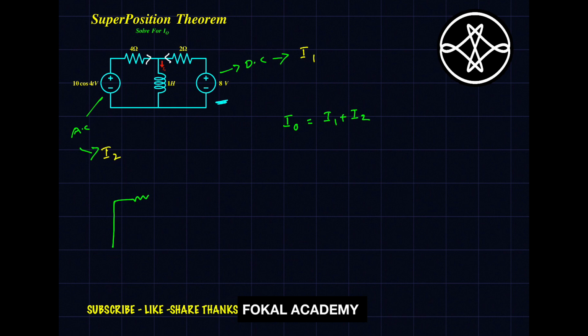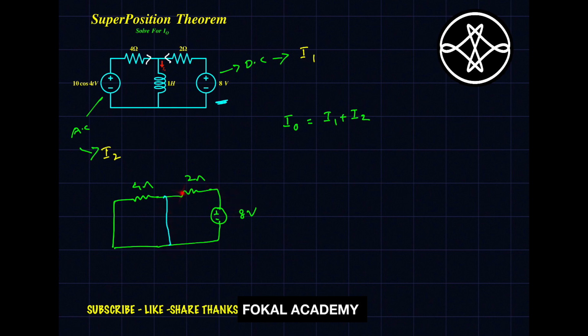Now keep the elements as they are: 4 ohms, 2 ohms, and the DC voltage of 8 volts. According to the properties of an inductor, for DC voltage it acts as a short circuit, so in the place of the inductor we draw a short circuit.